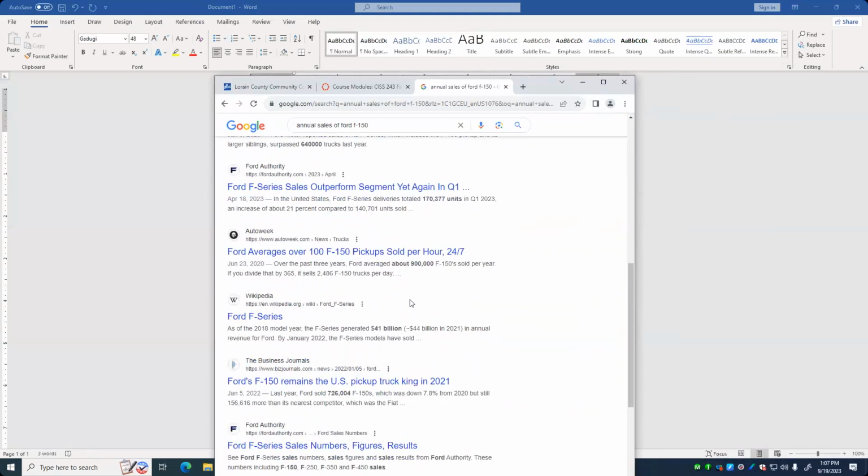We're not showing dollar amounts, but we can do the math. Okay, right here. In 2018, only the F series generated $41 billion in sales. So if the Ford Motor Company sales were only 100 million, that would be really bad for them. All right.